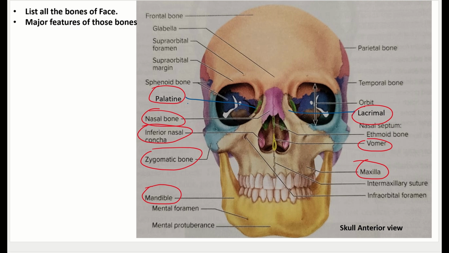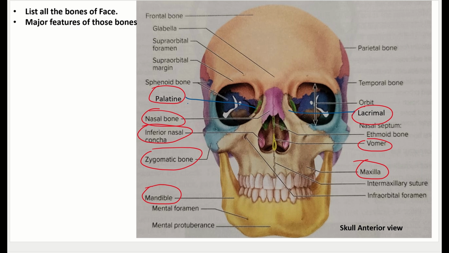If we see the anterior view of the skull, then the features of the bones, or you can say the bones of the face, are listed as the frontal bone, glabella, supraorbital foramen, supraorbital margin, sphenoid bone, palatine, nasal bone, inferior nasal concha, zygomatic bone, mandible, mental foramen, mental protuberance, the parietal bone, temporal bone, orbit, lacrimal, nasal septum, ethmoid bone, vomer, maxilla, intermaxillary suture, and infraorbital foramen.